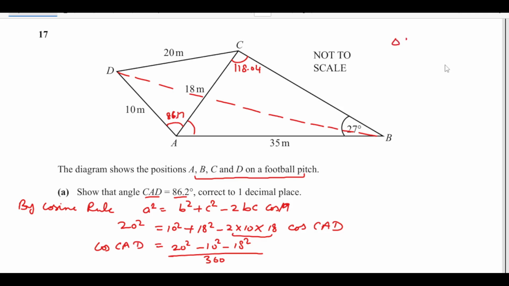So in triangle ABC, we have 118.04 plus 27. This is the angle, and if you subtract it from 180, then it will give us this required angle.